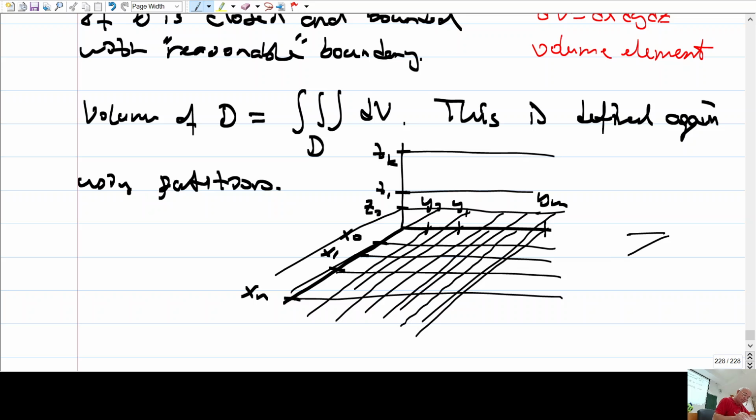In the x direction, from xi to xi plus 1. In the y direction, from yj to yj plus 1. And in the z direction, from zk to zk plus 1.